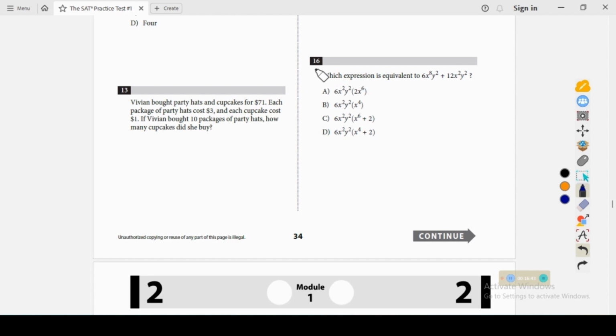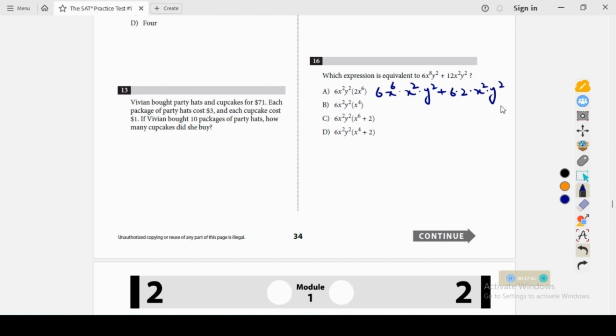In question number 16, which expression is equivalent to 6x raised to power 8 y square plus 12x square y square? We can rewrite this expression as 6 times x raised to power 6 times x raised to power 2 times y raised to power 2 plus, we can split 12 as 6 times 2 times x square times y square.